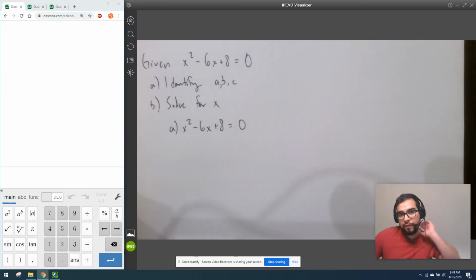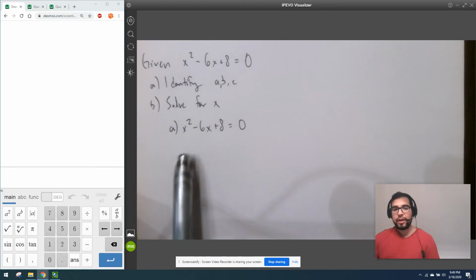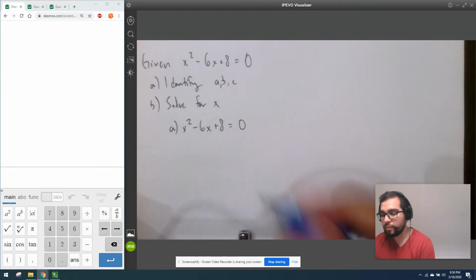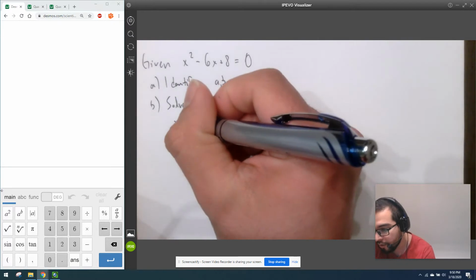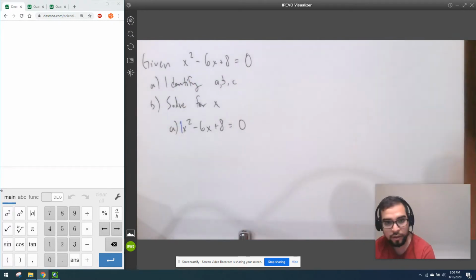Now that I have that there, I'm going to figure out what my coefficients are, what my a is, what my b is, and what my c is. In a quadratic, the squared term has the coefficient a. If it's just x squared, we can assume that the coefficient is 1.